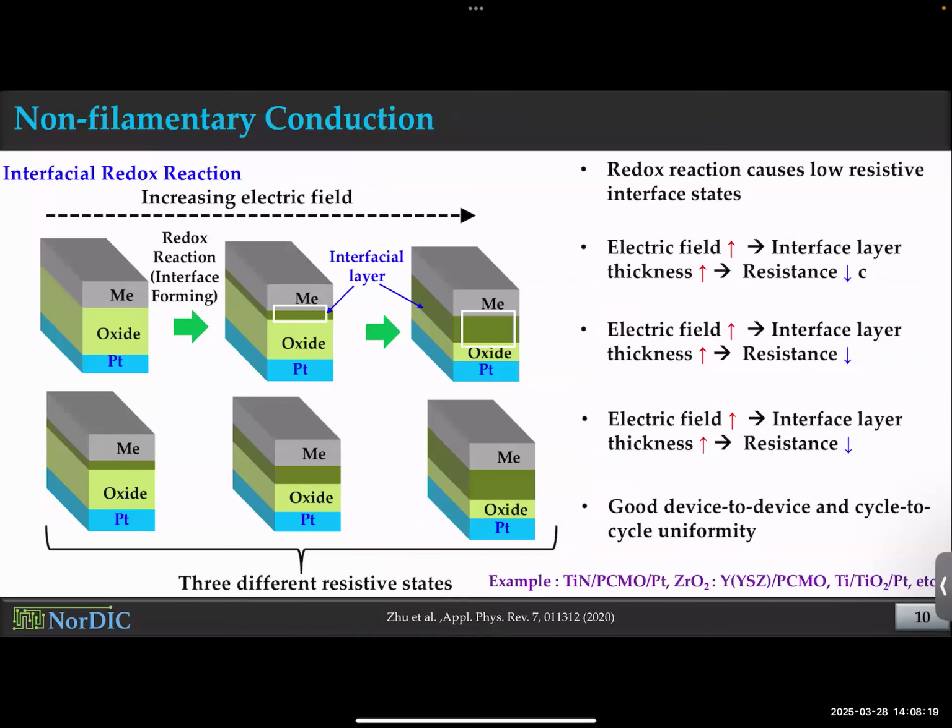Okay, and then finally, the third kind was you don't have any filament at all. You have a redox reaction closer to the interface right here. So depending on how much reaction, you create a thicker or thinner layer. So you can have different thicknesses of the layer, and based on it, different levels of resistance, possibly being used to have multi-bit memory, right? That's where we stopped in the last class.